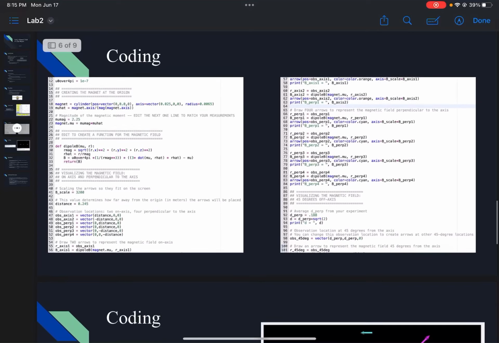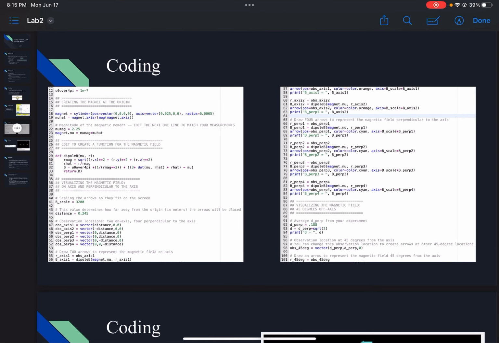Coding. For the coding, obviously we have our variables, which was mu epsilon over 4 pi. And then we created the magnet at the origin. And then we created a function for the magnetic field.